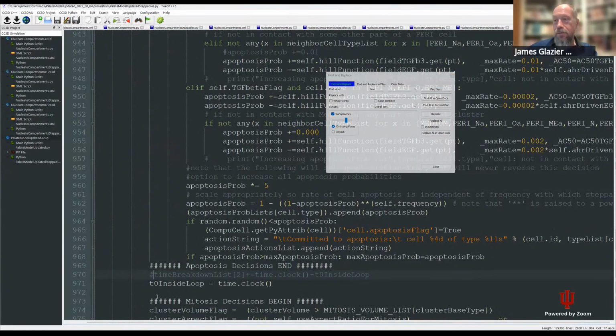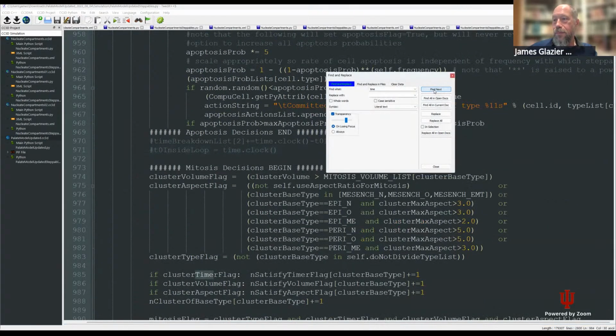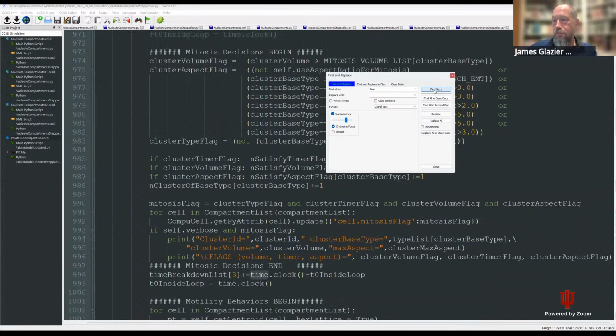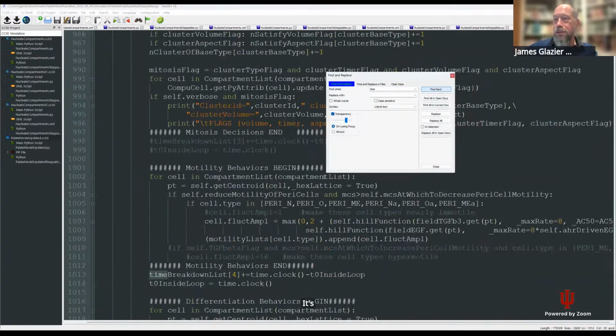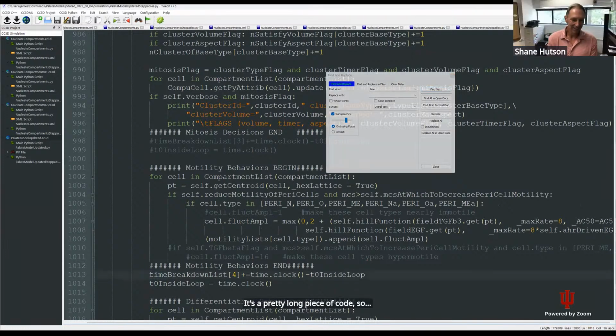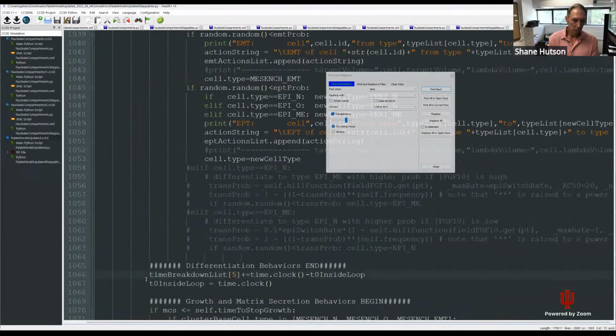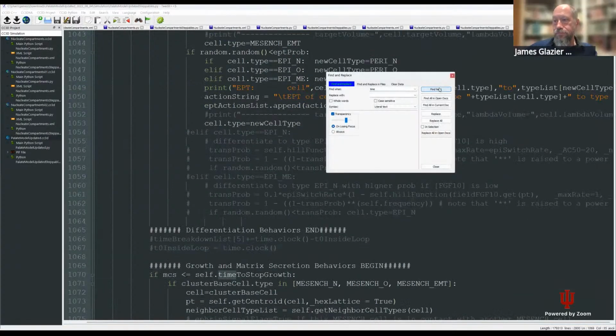How many people got it to work? It's a pretty long piece of code. Do you have the same error?